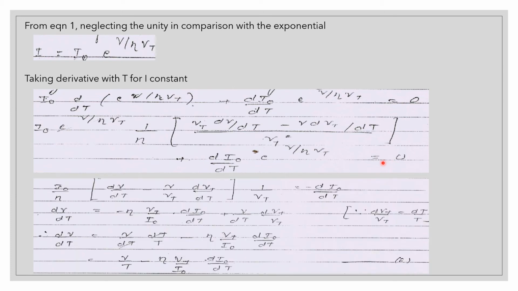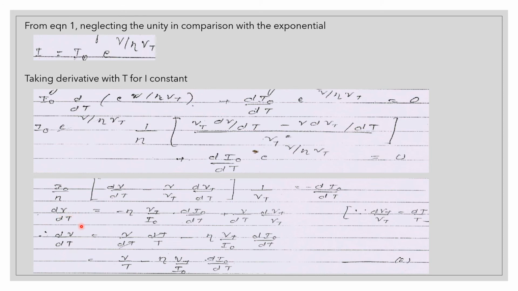Then (I0/η)(dV/dT − (V/Vt)(dVt/dT))(1/Vt) = −dI0/dT. So this cancels out the exponential.